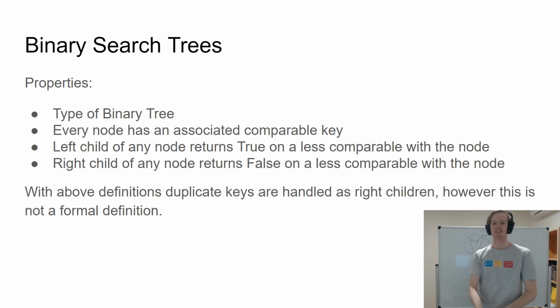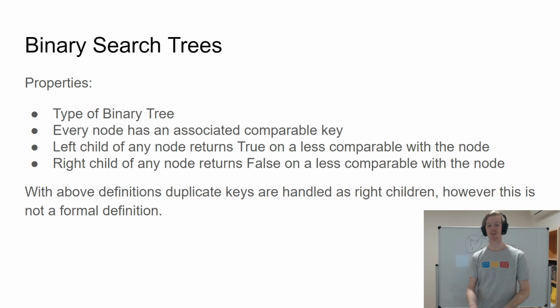So if we extend this idea of binary trees to make some sort of order, we end up with a data structure called a binary search tree. So the idea of a binary search tree is it's a binary tree where it stores keys, and those keys have a comparative value.